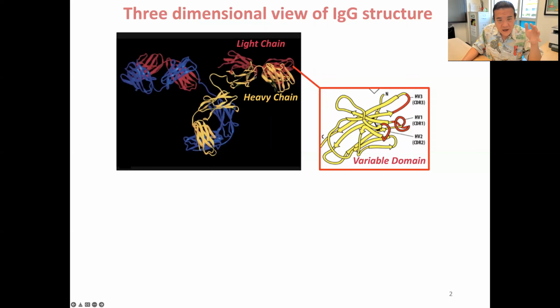Let's look at the structure again. We said that the Y-shaped immunoglobulin, for example, remember there's 5 isotypes, right? Slight variations of immunoglobulins, and they're given letters: IgM, IgD, IgA, IgE, and this one, IgG. Right? IgG is the most common type of free-floating antibody that you have in your blood.